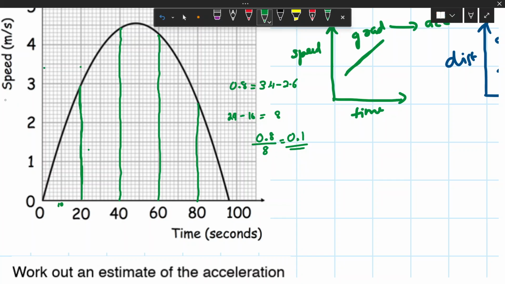What I've done here is split them into 5. Sometimes the question will say 4 strips of equal width. If they said 4 strips, then you would have done 100 over 4, which is 25, which means you're going to have to split them up after every 25 seconds. For this one, they haven't mentioned anything, so I'm just going to go with this.